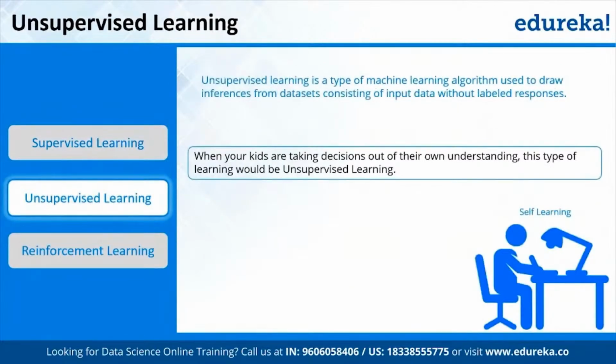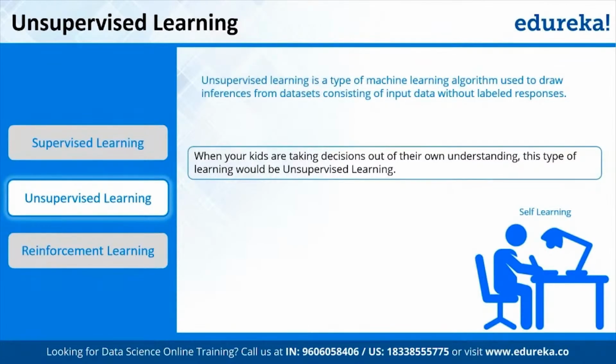Now, unsupervised learning. Unsupervised learning means you will not be given the historical data. An example: n number of users are accessing my website. Let's say on my website there are articles A, B, C, D. User 1 is reading articles 1 and 2, user 2 is reading 3 and 4, and so on.